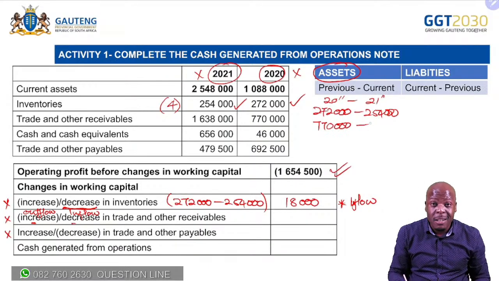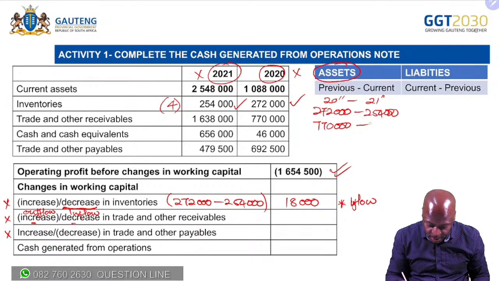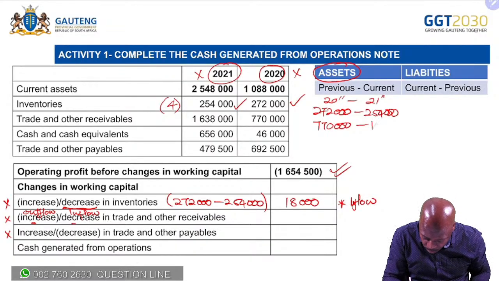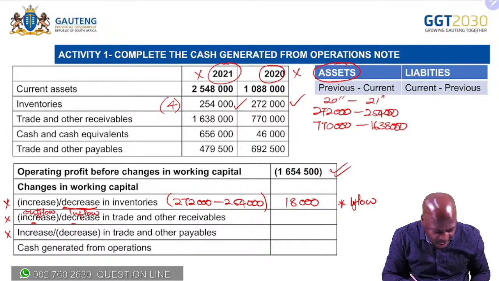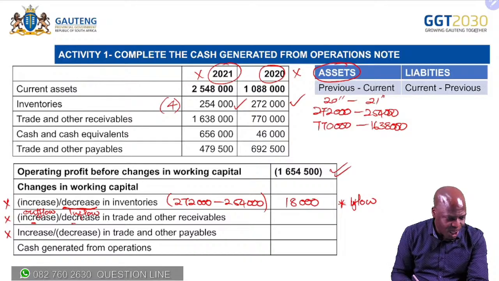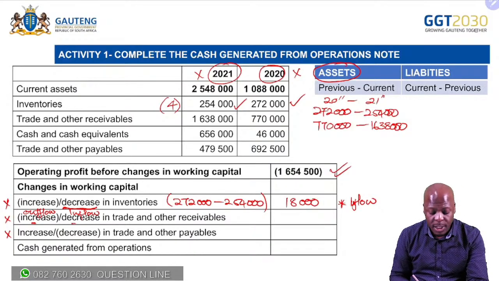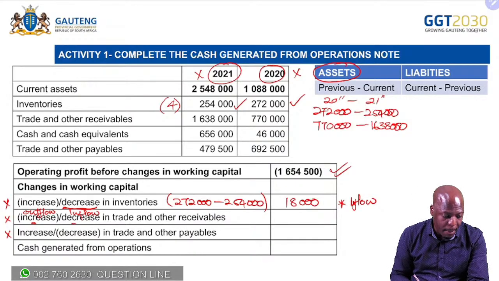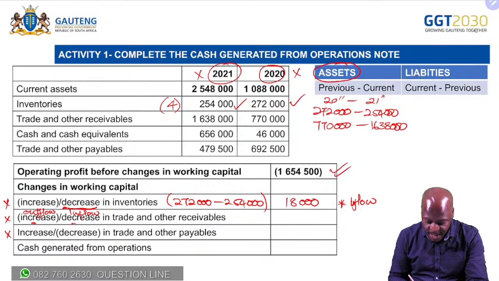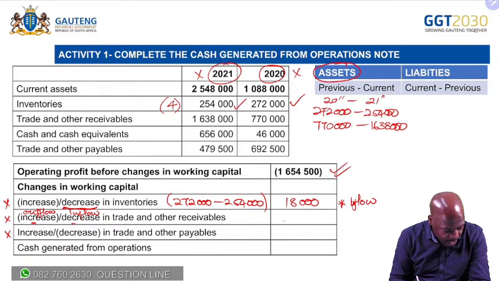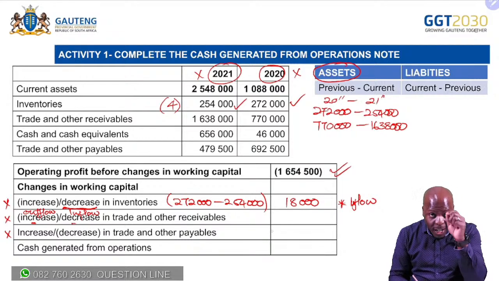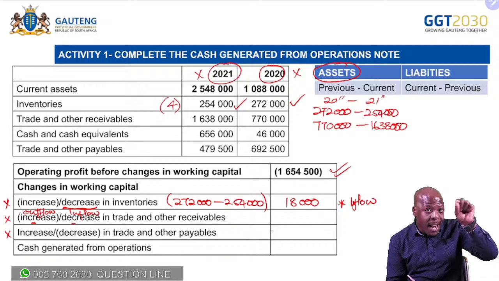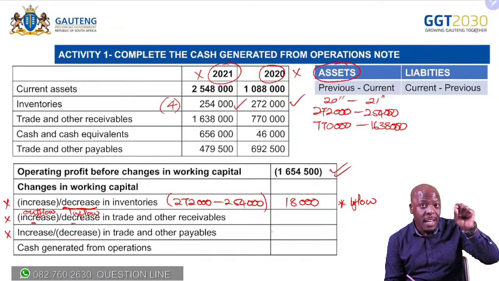What is my current trade and other receivables? 1,638,000. Punch that in your calculator. You should get an amount which is 868,000. And if I ask you, on the calculator, does it have a minus sign in front of the figure? Yes.